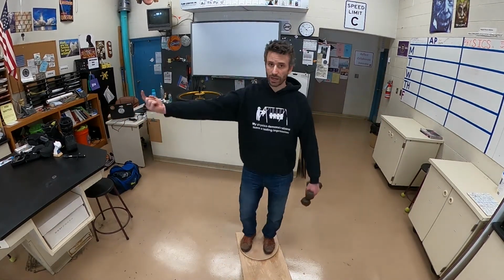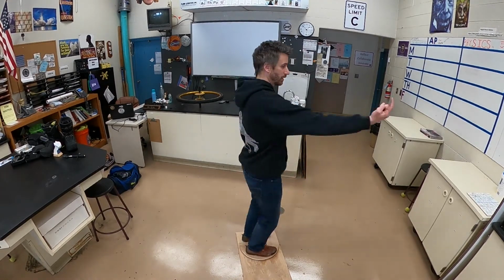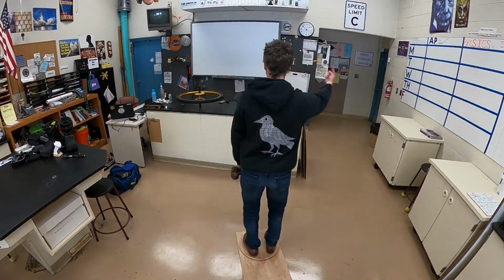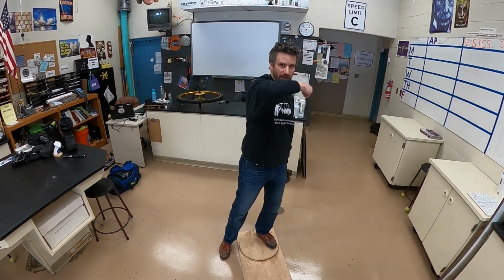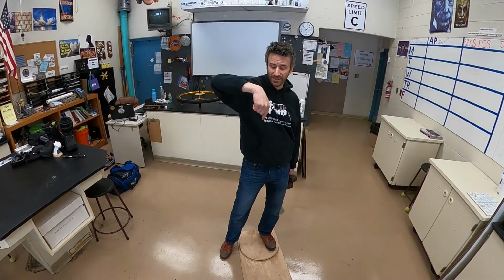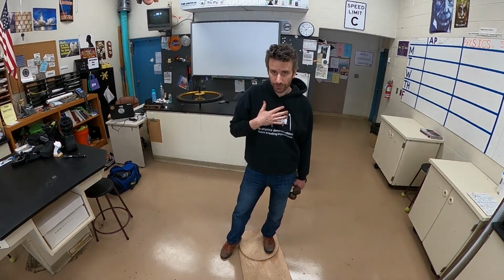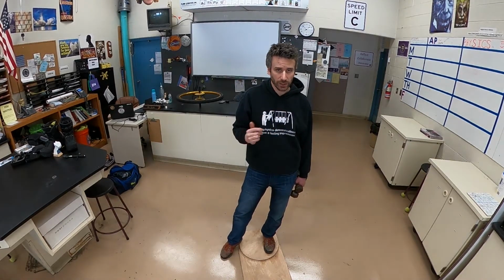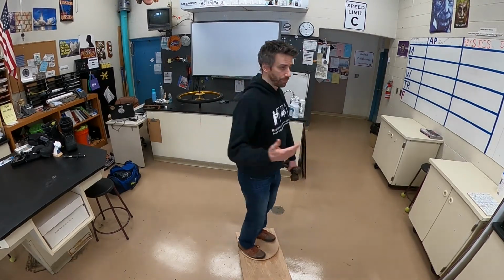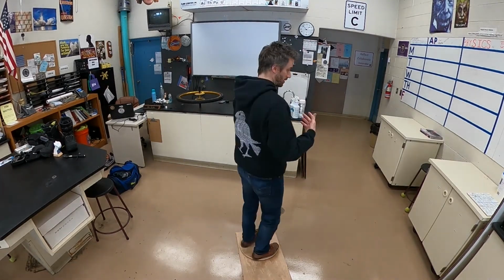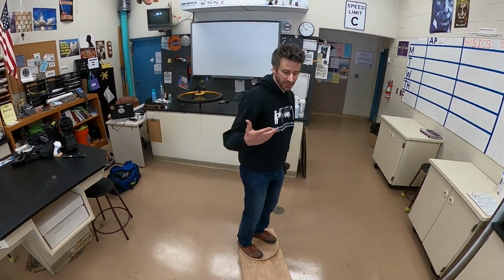If I go around about once per second, the velocity of my fingertip is measured in meters per second along its path because it travels that circumference distance. Versus my angular velocity, which is how quickly I am rotating around in a circle. If I'm going around once per second, it doesn't matter what part of me you're looking at. It's the whole thing, going around once per second.